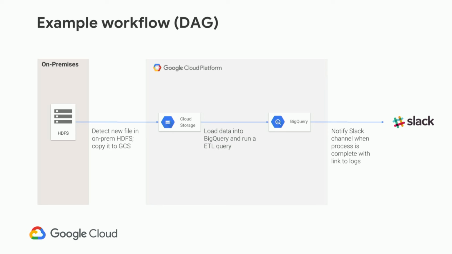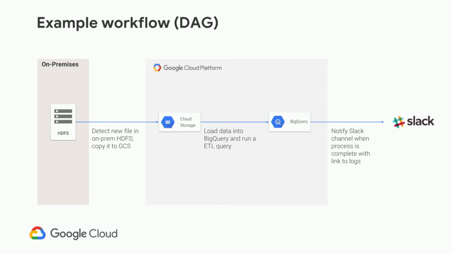So here's a quick example of how a typical workflow or DAG would look. Imagine that you have some files hosted on-prem in HDFS, and periodically you want to copy those files. For example, if you detect new files, then you want to copy those files to a GCS bucket.